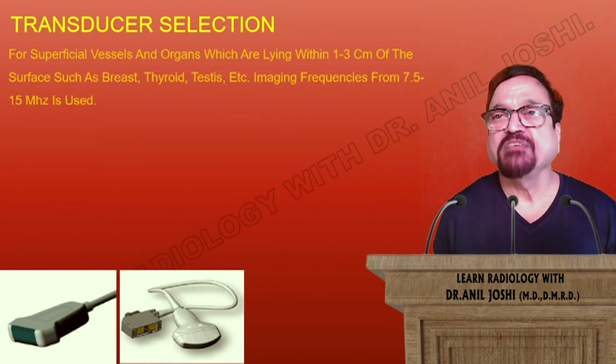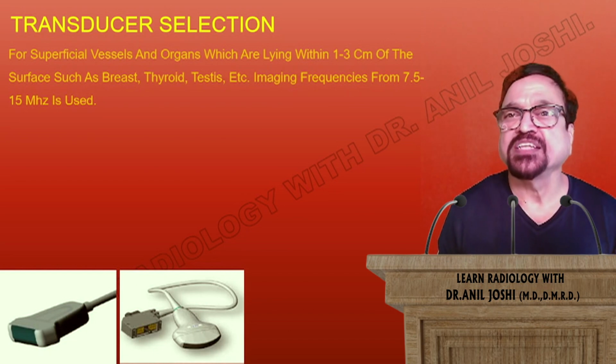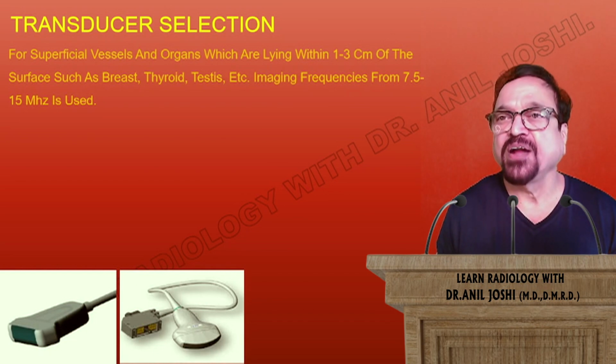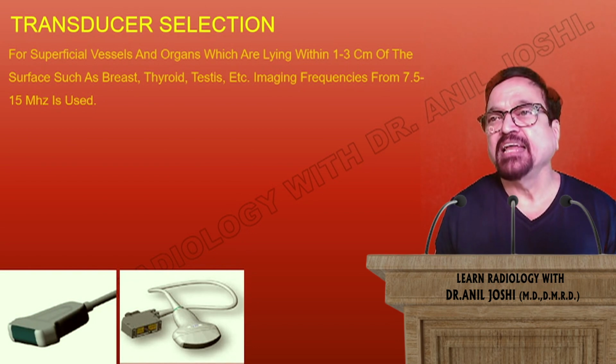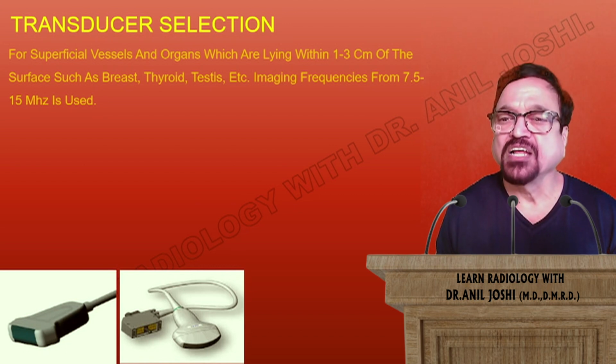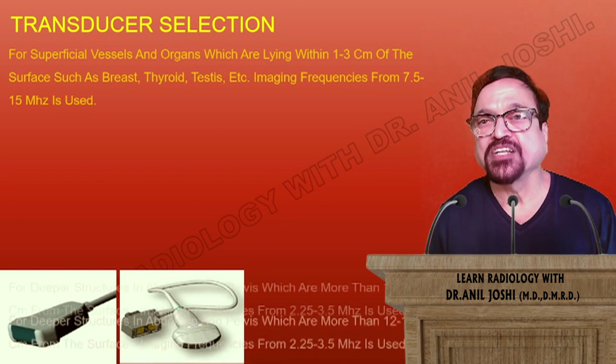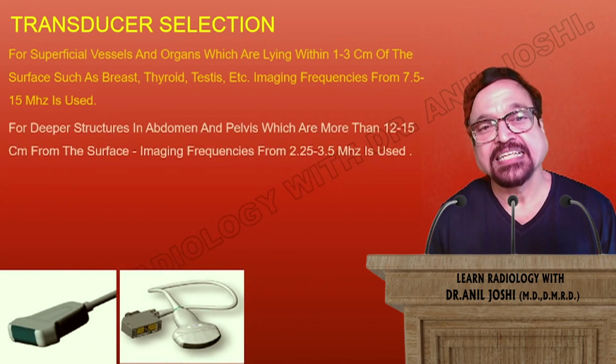For superficial vessels and organs lying within 1 to 3 cm of the surface, such as breast, thyroid, testes, etc., imaging frequencies are between 7.5 and 15 MHz. So high frequency probes are used because they can give better resolution at lesser depth.